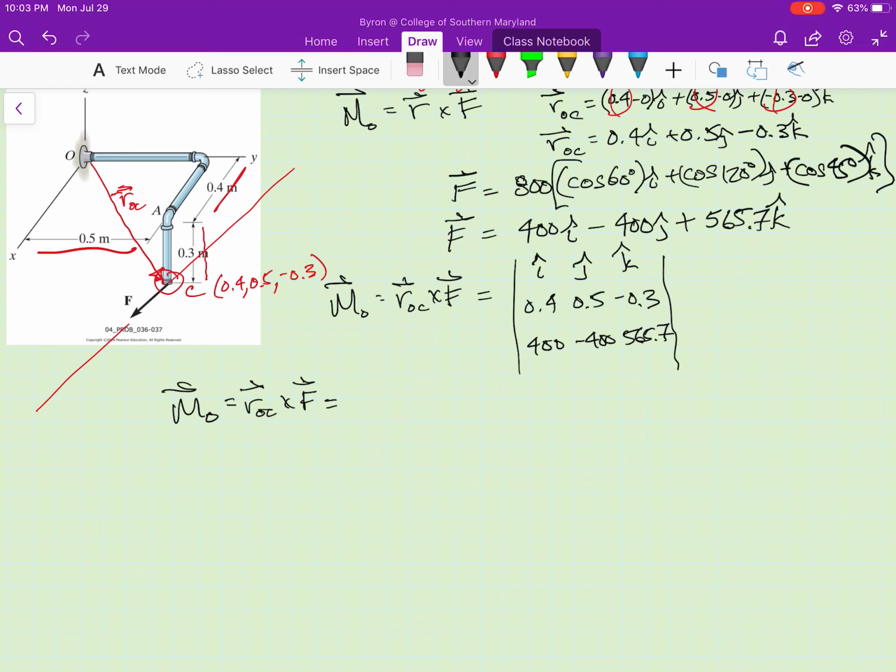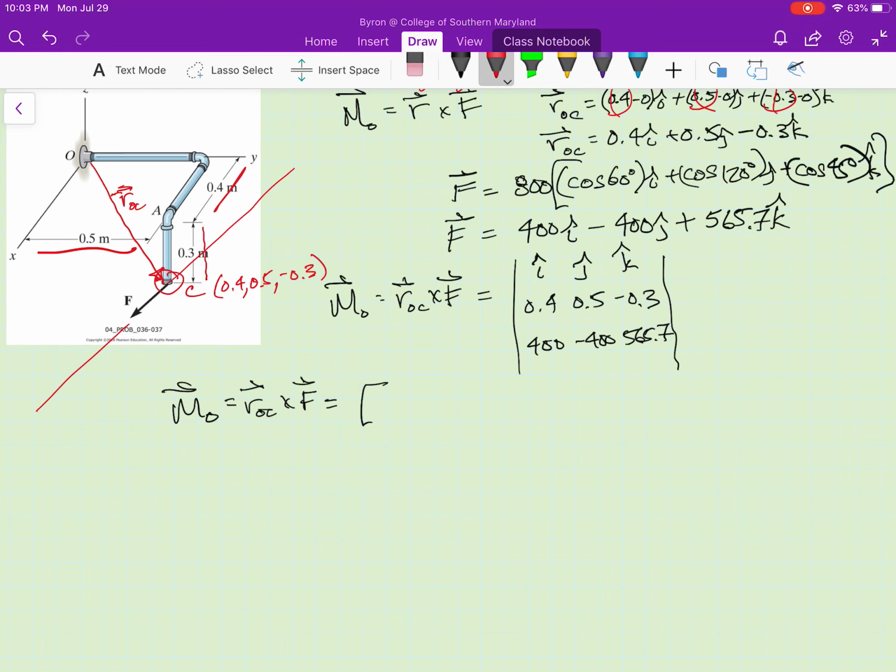So the I term, let's start with a big bracket. I'll show the details of calculating the I term, and then I'll not show the details of the J and K term.